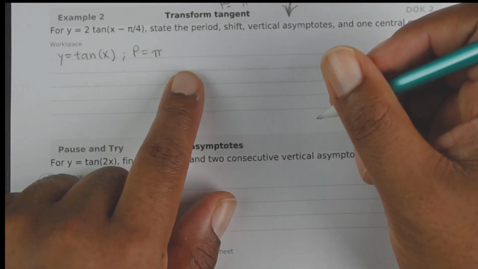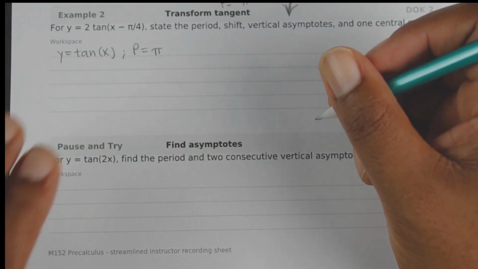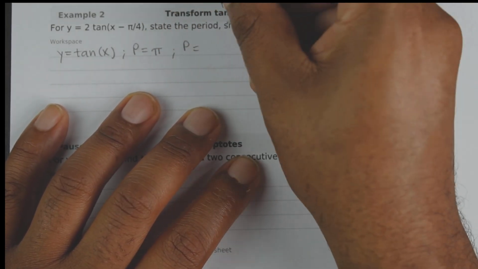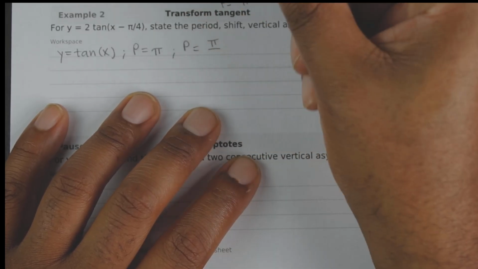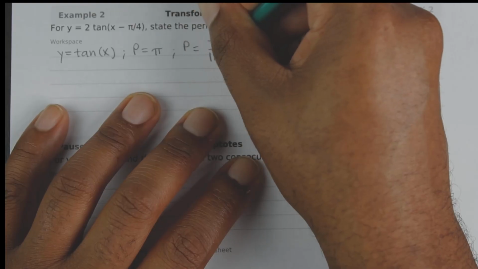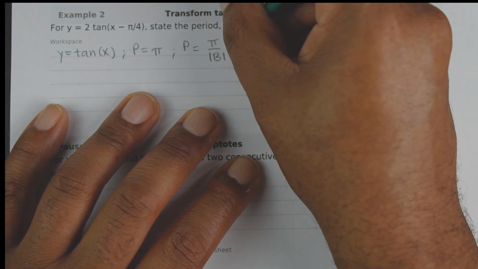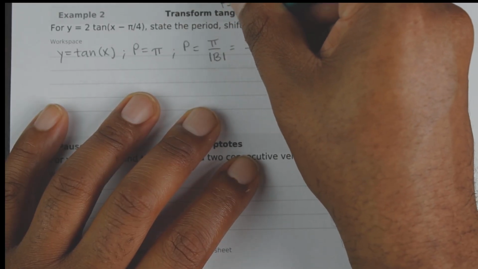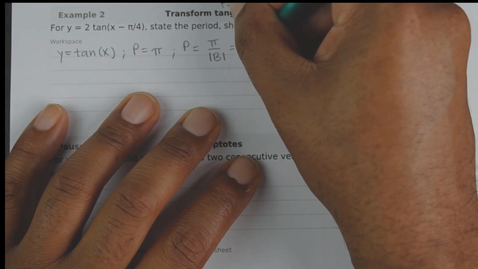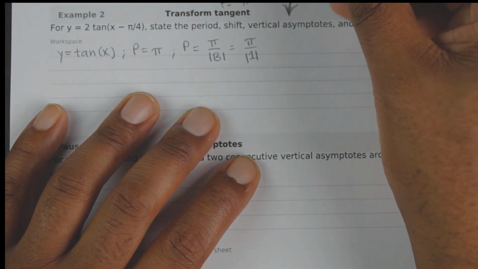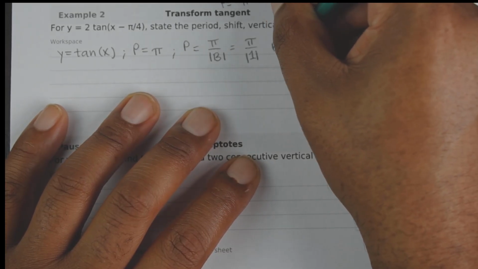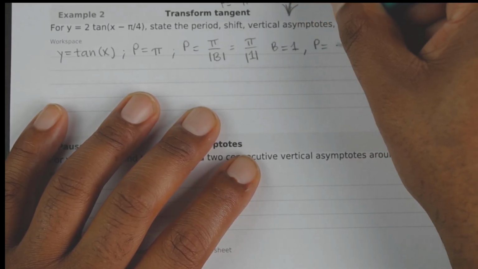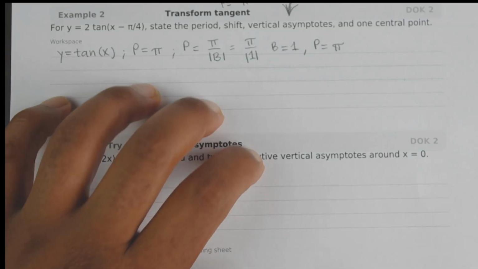If it was something different, then we would have to compute the period. How do you calculate the period? You take pi and divide it by the absolute value of b. In this case, b is equal to 1, so the period stays pi.